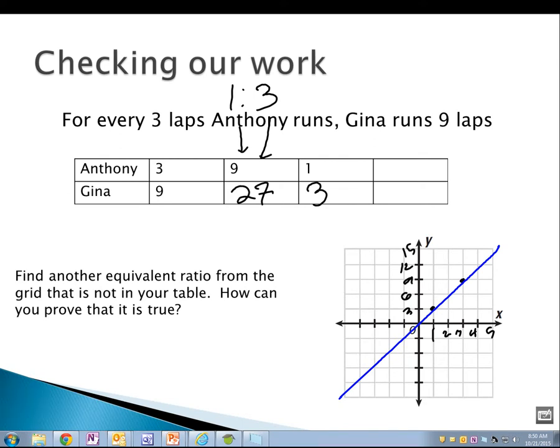Toby. 4 to 12. I agree with you. 4 to 12. And that still keeps the equivalent ratio.